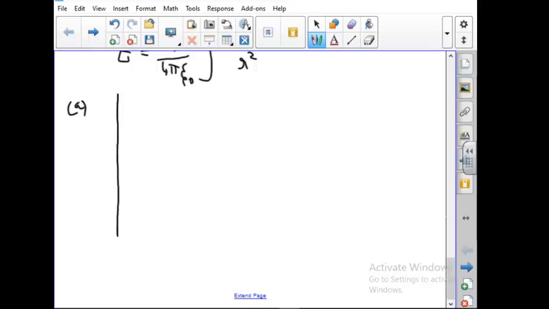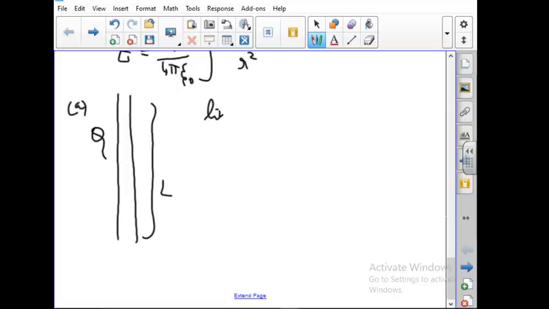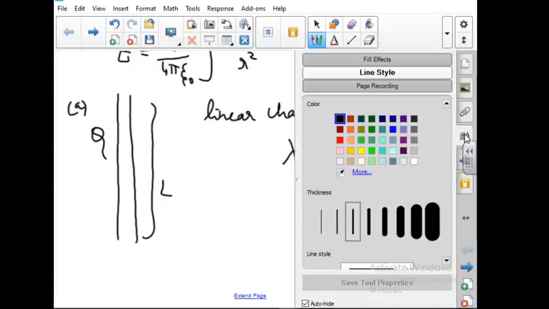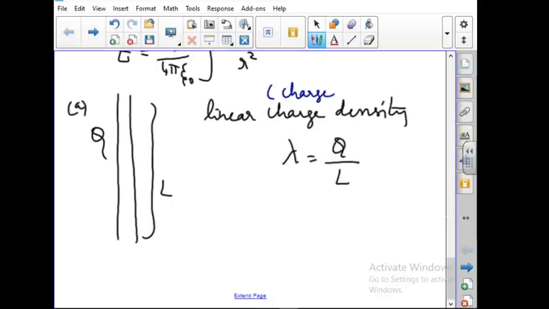So if you take a wire and the charges are uniformly distributed here, Q be the charge distributed uniformly over the length of the wire L. In this case, the linear charge density lambda is equal to Q by L. What is linear charge density? It is the charge per unit length.